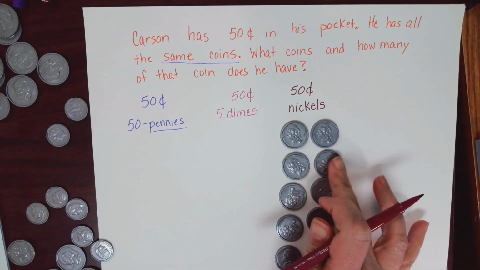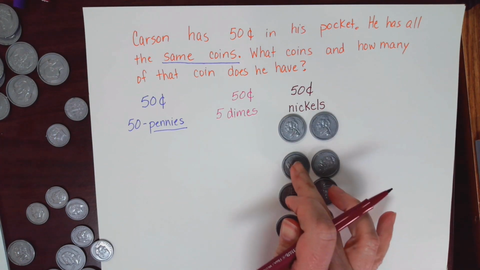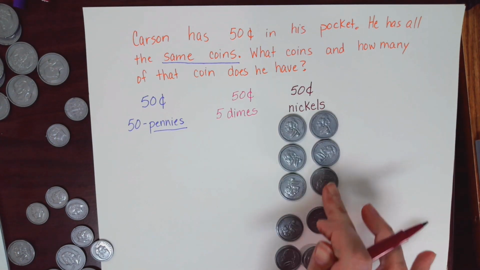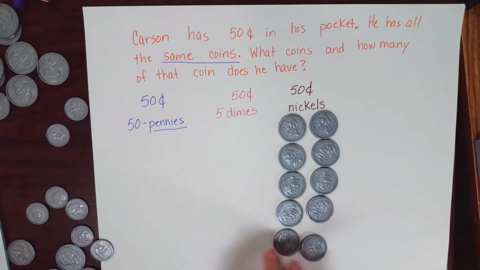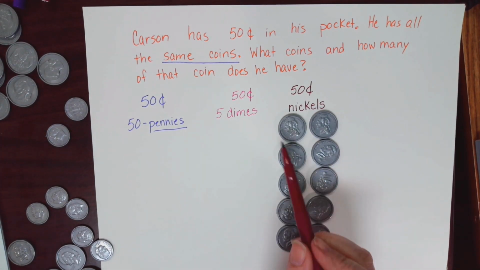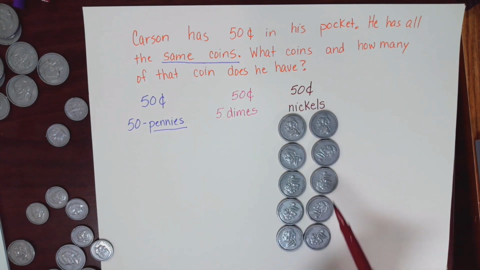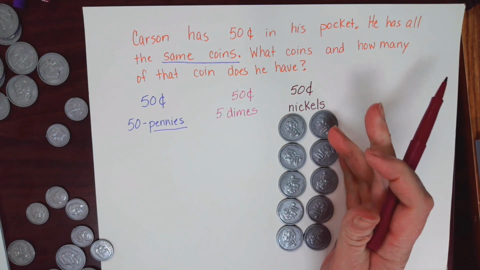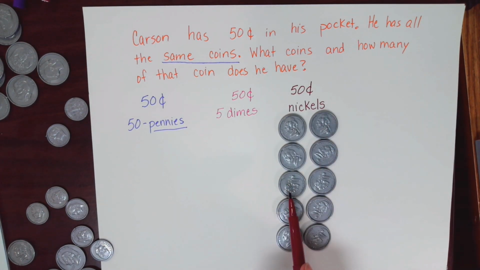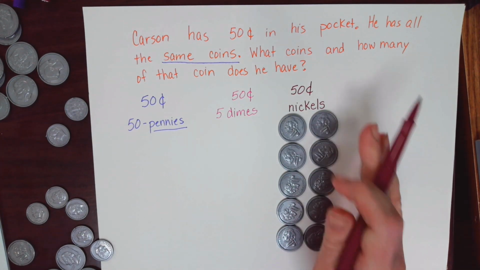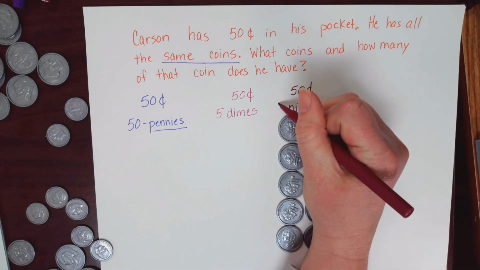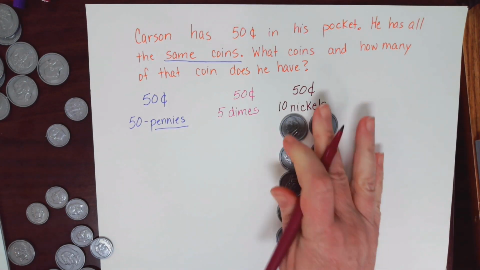Count by 10s, should be count by 5s. 5, 10, 15, 20, 25, 30, 35, 40, 45, 50. Did I get to 50? I did. How many do I have? Well, look, Miss Haycraft made an array. So I know they're in groups of 2, so I can go 2, 4, 6, 8, 10. Or if I need to, I could count them all by ones. So I know it's going to take 10 nickels.